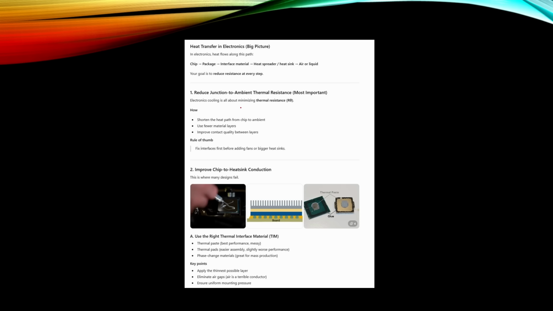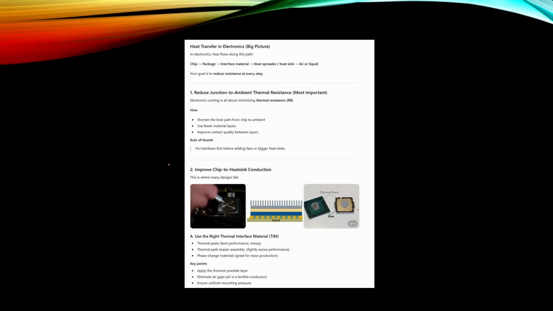We need to minimize thermal resistance, and it means that we should shorten the heat path from chip to ambient, use fewer material layers, and improve contact quality between layers. As a rule of thumb, fix interfaces first before adding any fans or bigger heat sinks.